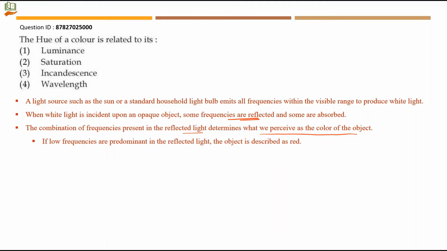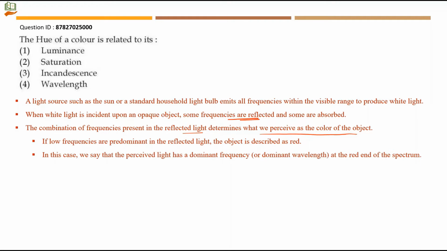If low frequencies are predominant in the reflected light, the object is described as red. In this case, we say that the perceived light has a dominant frequency or dominant wavelength at the red end of the spectrum. The dominant frequency, the dominant wavelength is also called the hue or simply color of the light.